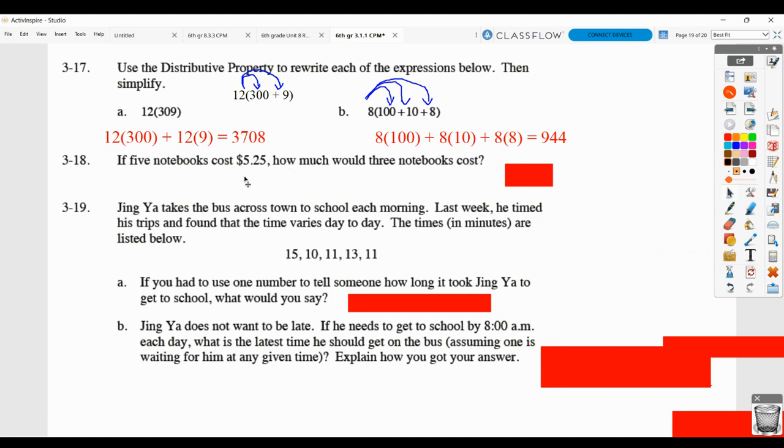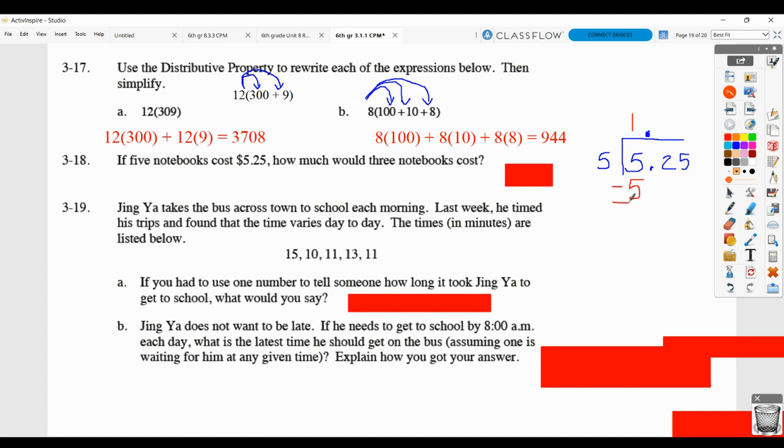For 318, I should see that you took $5.25 and divided by 5 notebooks. So I should see that you showed your long division, that you brought your decimal point straight up into your quotient, and then went through the process of 5 goes into 5 one time. 1 times 5 is 5.